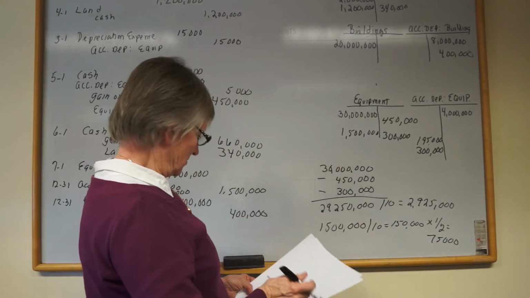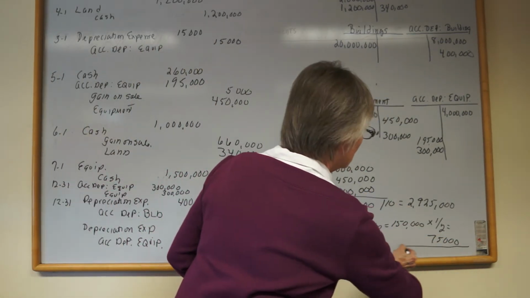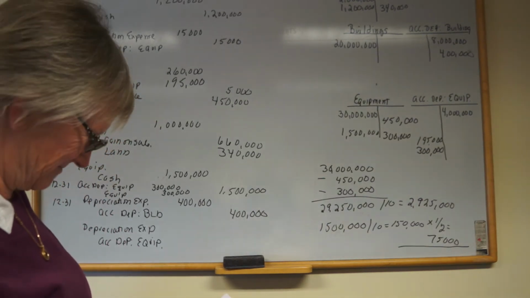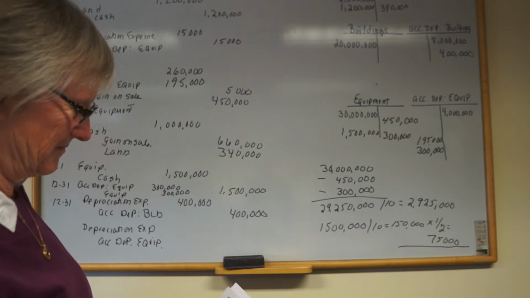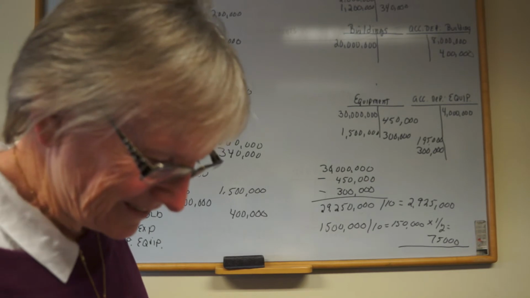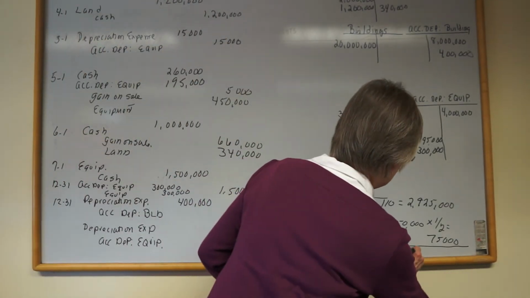So we would go depreciation expense with a total of these two, which comes out to, how did I not total that? Okay, it comes out to 3 million.